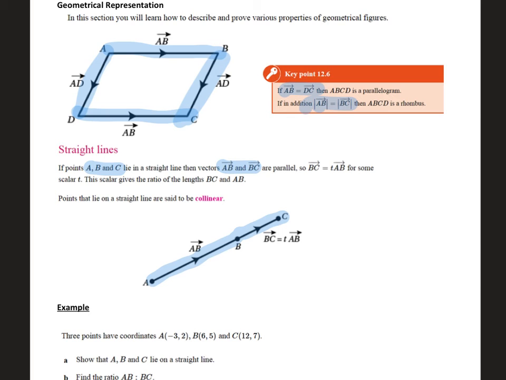So I can write it as BC must equal something times AB. Here they just use the letter t. And that can help me work out the ratio between the lengths AB and BC if I needed that. And if 3 points lie in a straight line, we call them collinear.